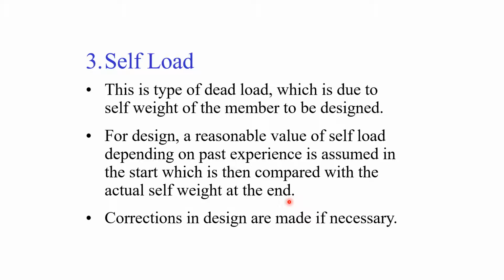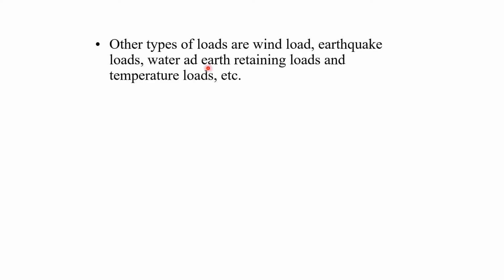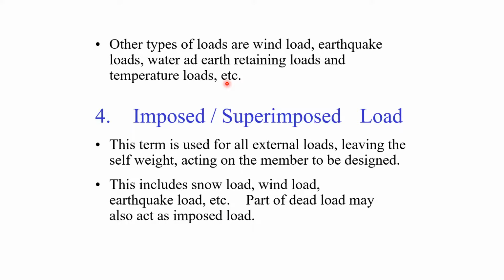If there is no difference between the assumed and the result, then there will be no revision. If there is a difference, then we have to revise the section with the new self weight. Corrections in the design are made if necessary. Other types of loads are wind load, earthquake load, water and earth retaining loads, temperature loads, etc.